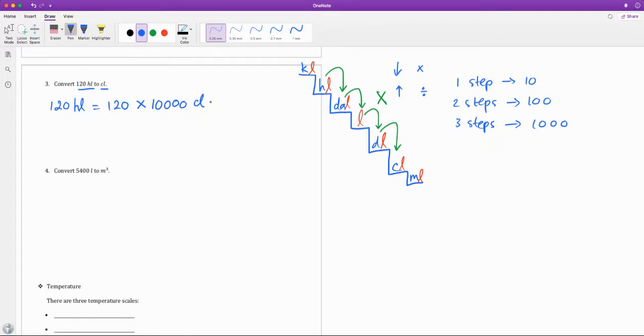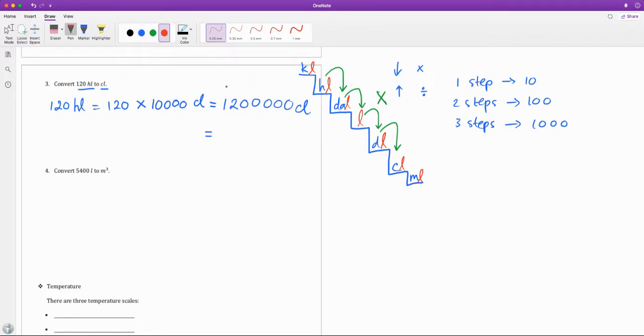Change the units directly and then use our calculator. It's 1,200,000 centiliter. In standard form, probably you will be asked to write it down in standard form.